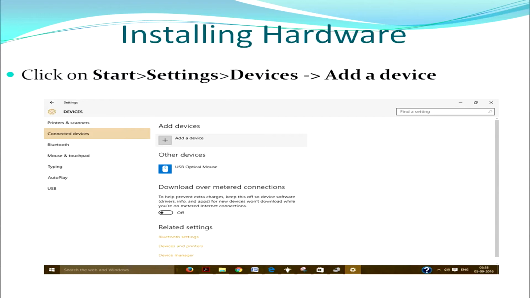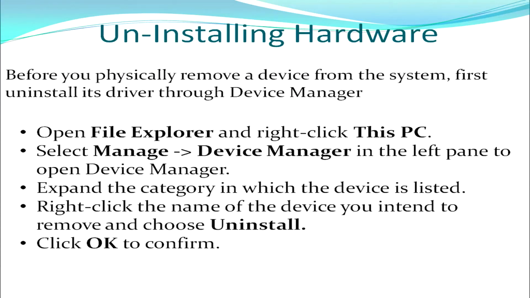Give the path of the driver, whether it is in a CD or it has to be downloaded from the net. Whatever is your source of the driver, give that particular driver. It will start installing, and once it is installed, it will give you the message also that installation complete or installation done successfully.